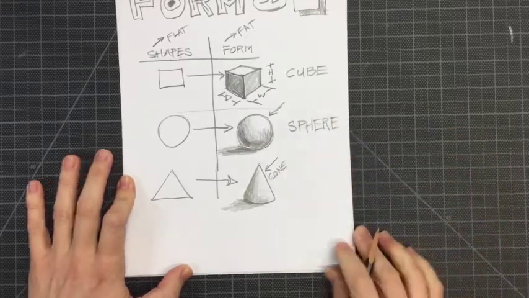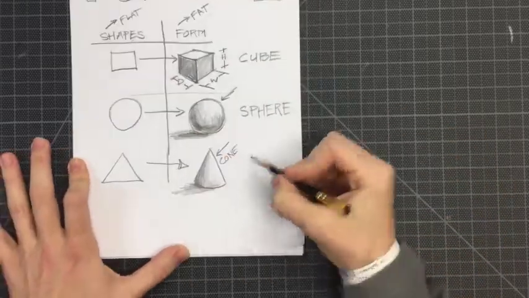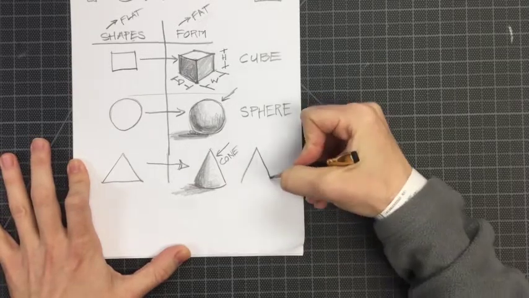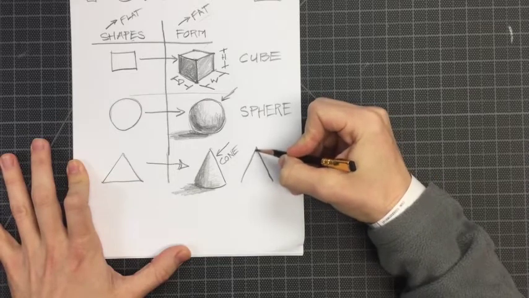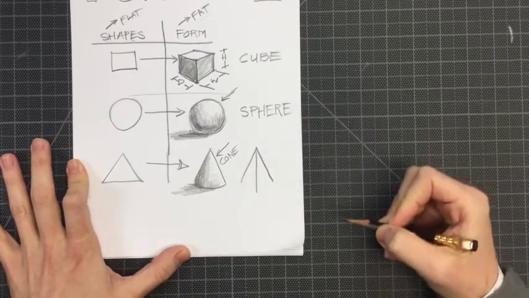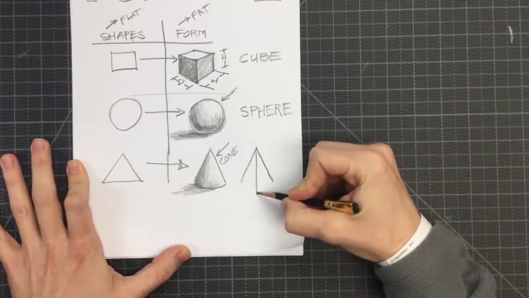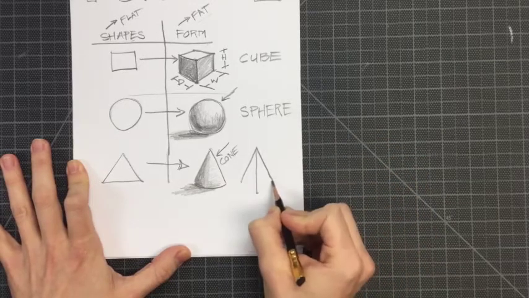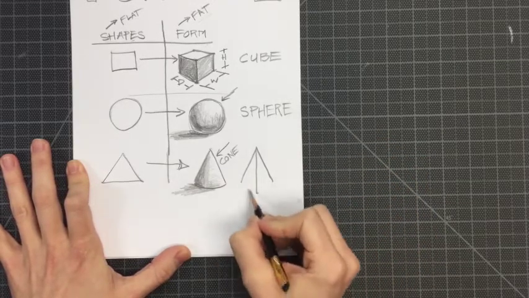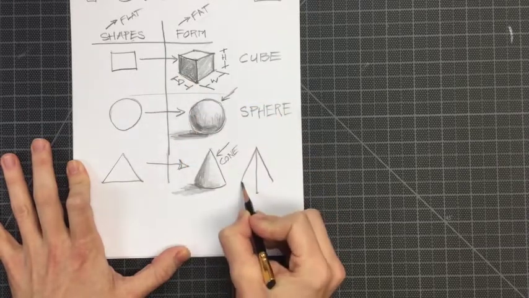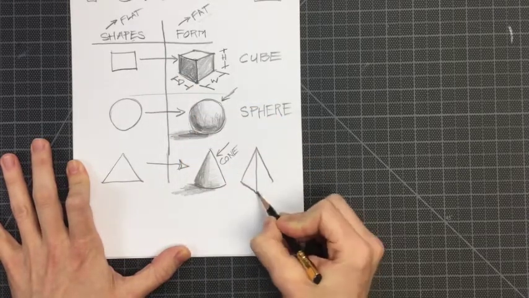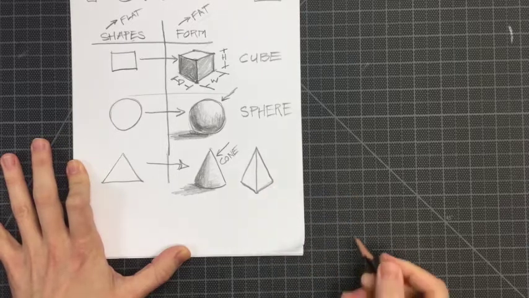And the other word is a pyramid. So again, I'll draw a triangle, but then I'm going to draw a third line that's a little longer than these two. And then I will make a V just like I did with the cube. This V creates the base.